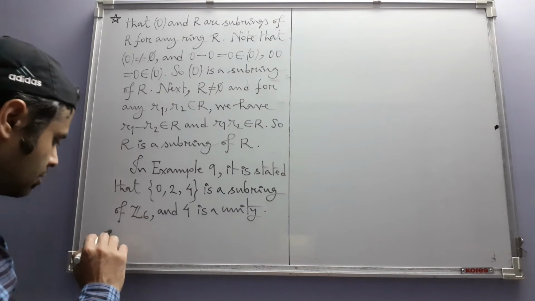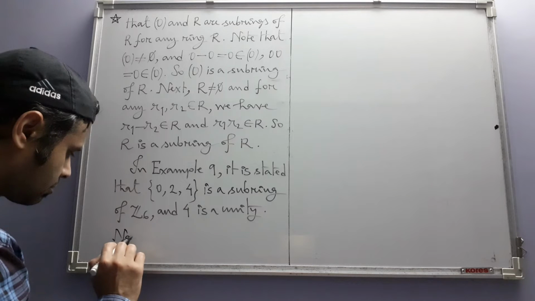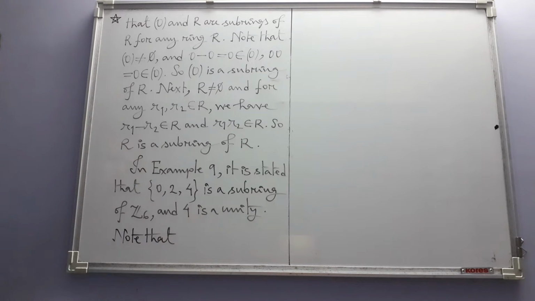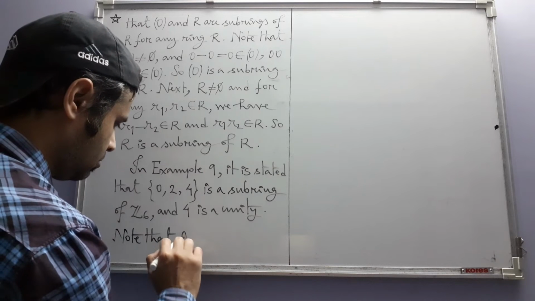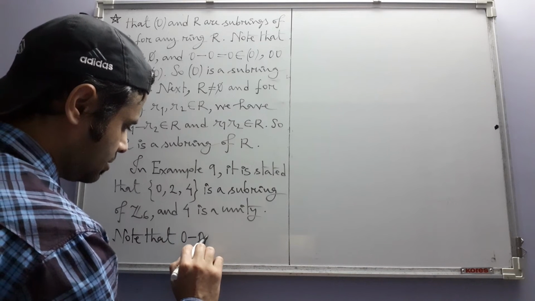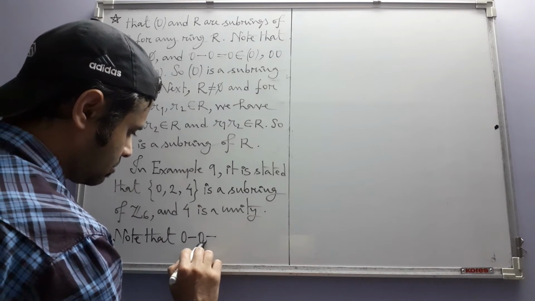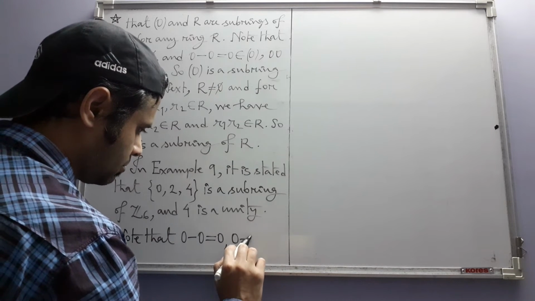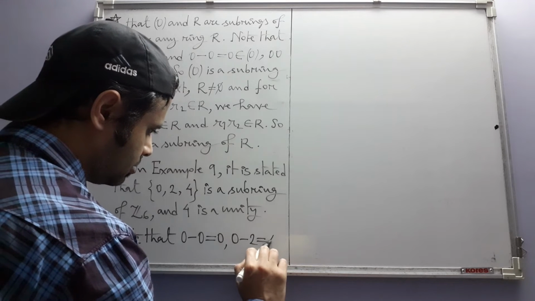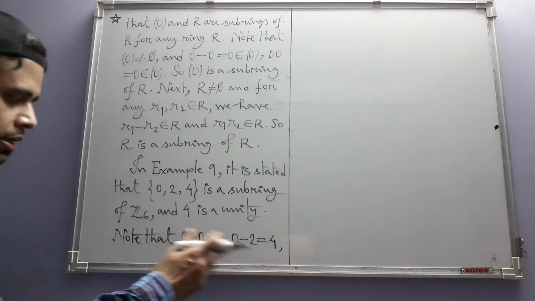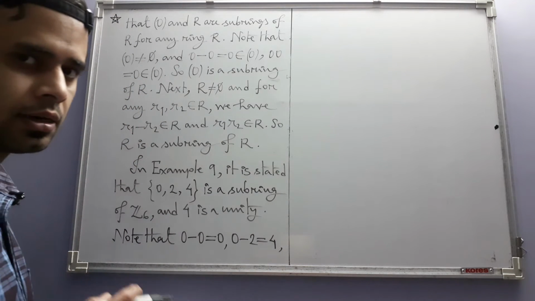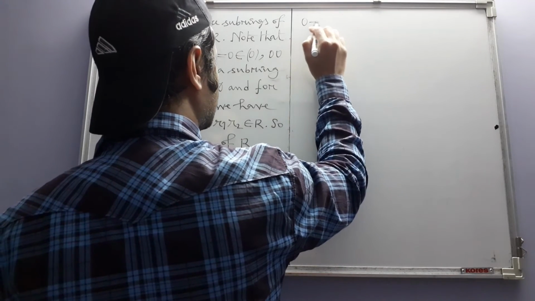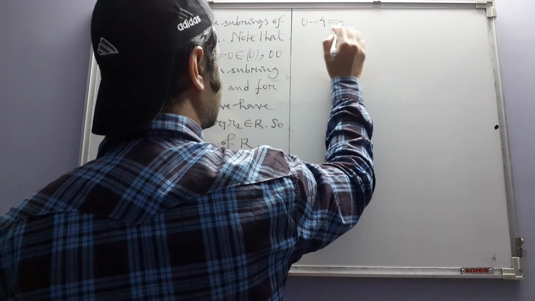I think it will be better if we write the differences first. Note that 0 minus 0 is equal to 0, 0 minus 2 is 4. Our calculations are happening in Z6. 0 minus 4 is 2.